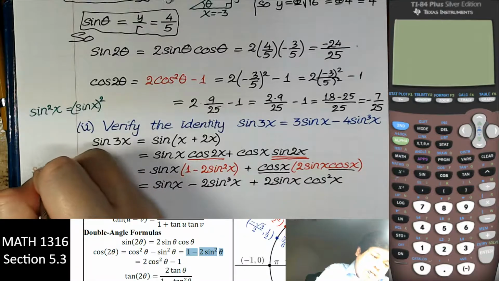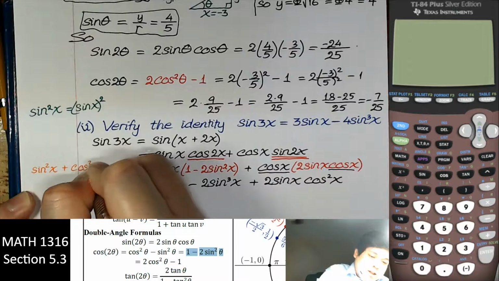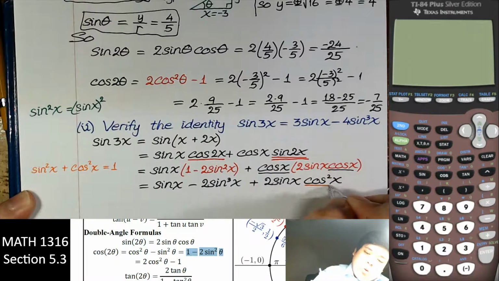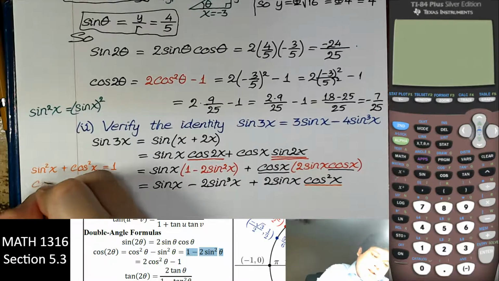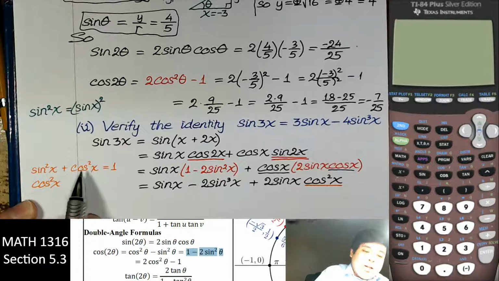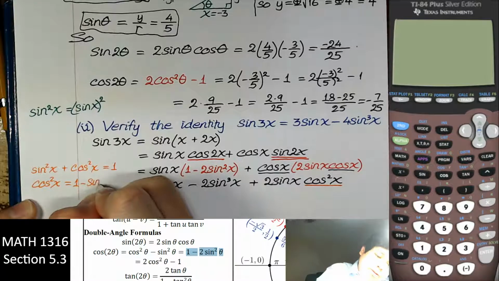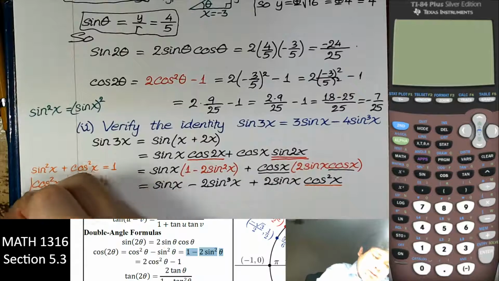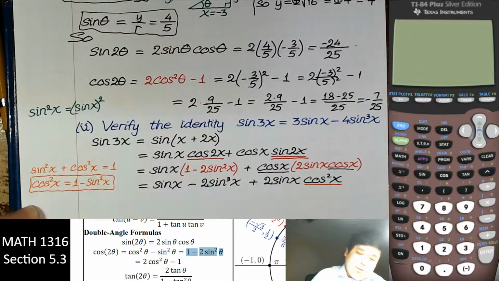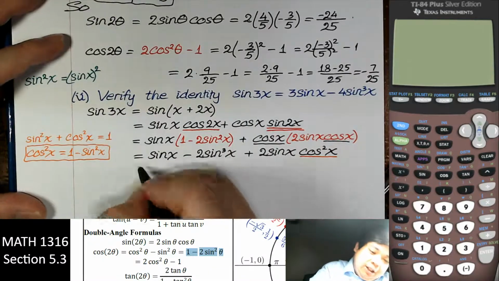So sine square plus cosine square is 1. So here we want cosine square. Want to solve for it? I subtract the sine square on the other side, and substitute into here.